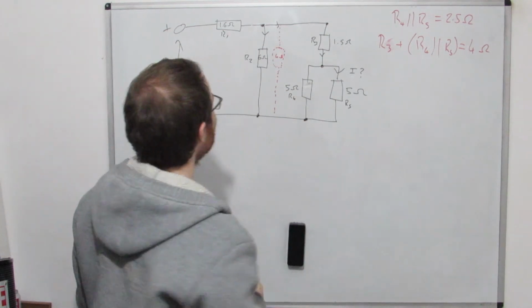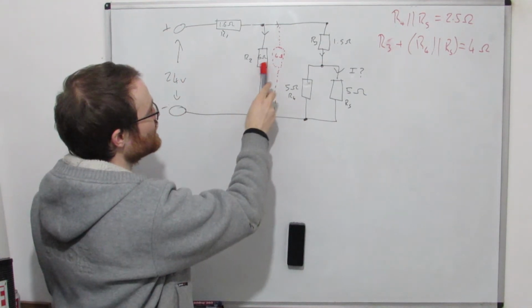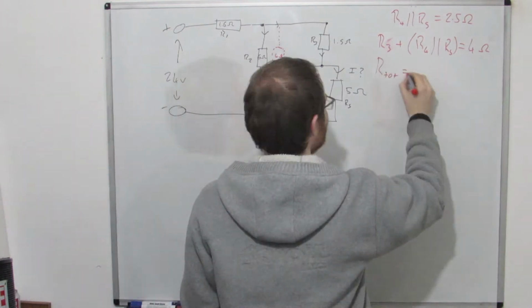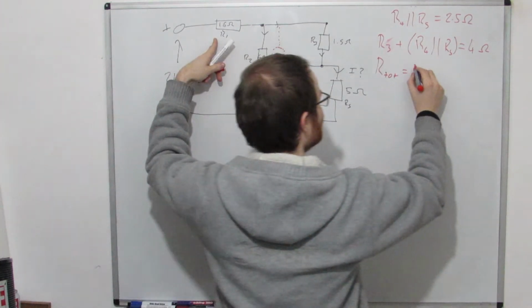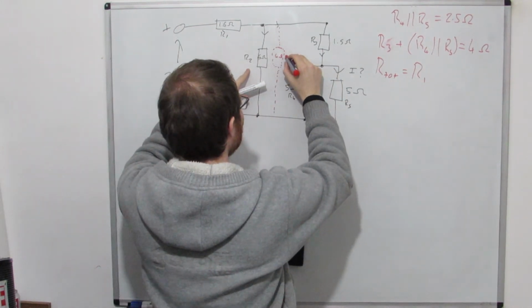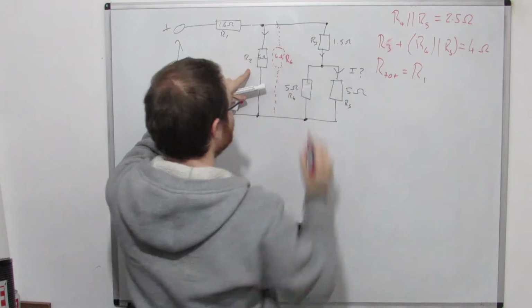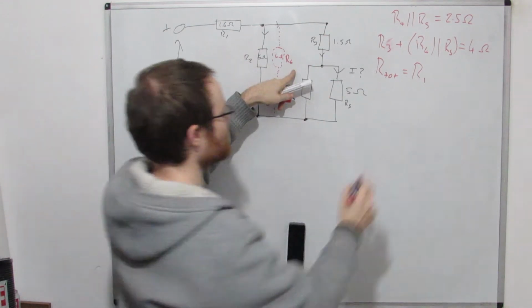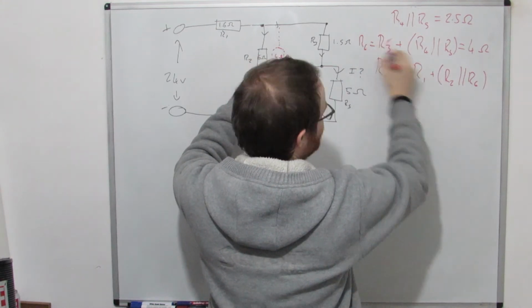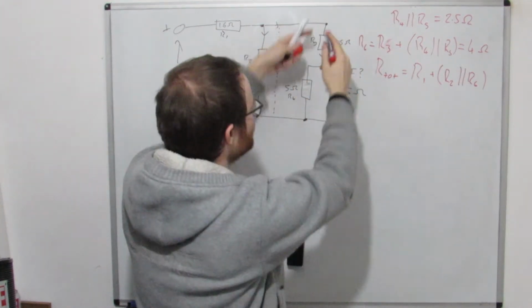So we can now calculate these two things. So we now know the total resistance is equal to simply R1 in series with R2 in parallel with R6, and R6 is this thing here, which is this whole branch.